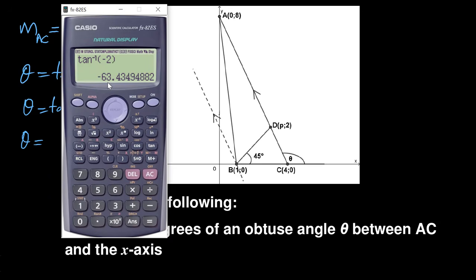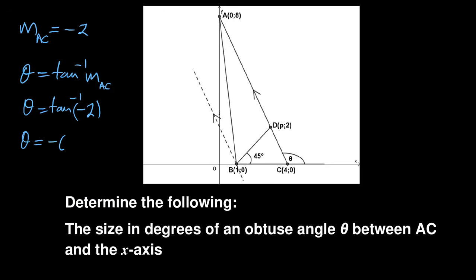Now I'm getting -63.434, and to 3 decimal places it is -63.435. So now you are getting a negative angle. What I want to show you is how to write your final answer here.